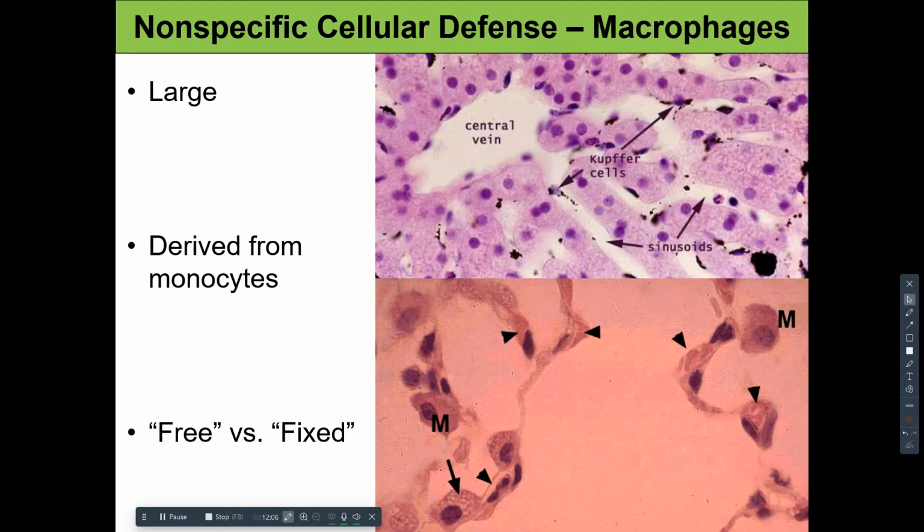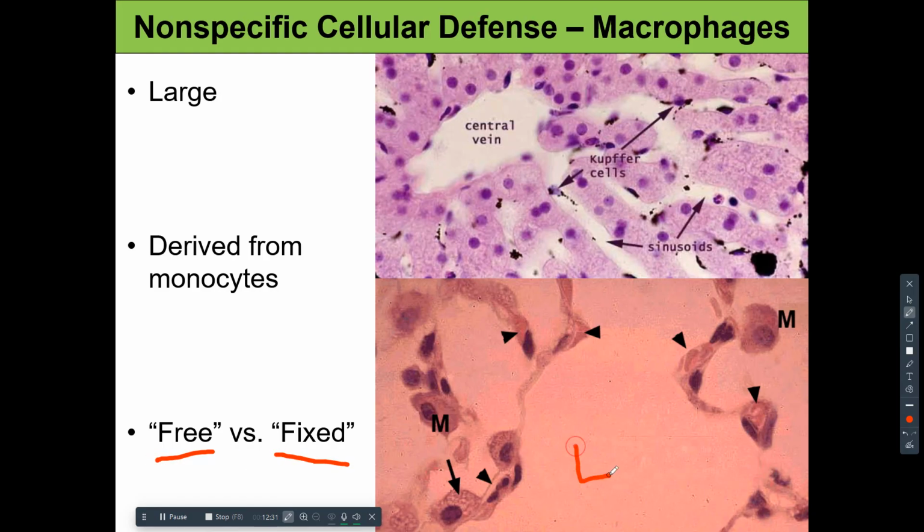All right, another cell we've got to be aware of in our non-specific defense are the big eater cells, the macrophages. We'll look at their mechanism of phagocytosis in a moment. Macrophages, remember when we talked about them in blood, are derived from blood monocytes. Macrophages are generally categorized as either free or fixed.